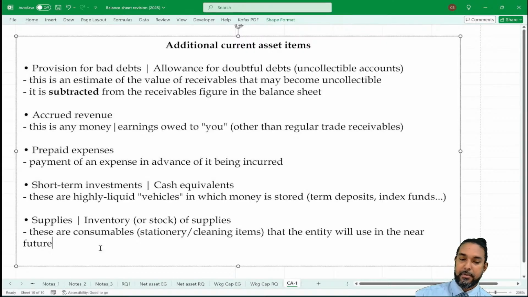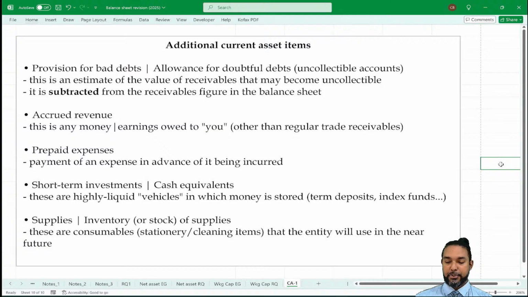We could get into a more detailed discussion on that, but I want to actually get to the item itself. So let me send a picture of this text box in the chat, and then I'll show you what your current assets section could look like, and then what your current liability section could look like.